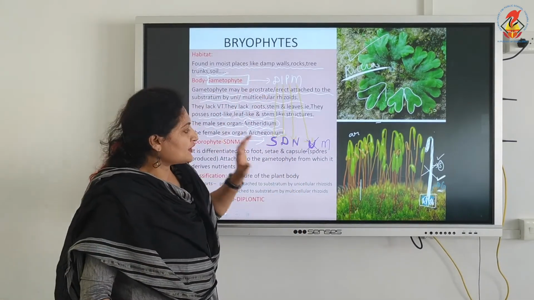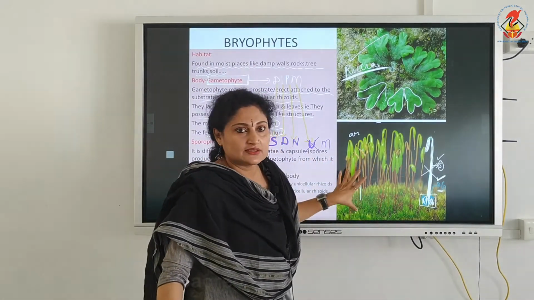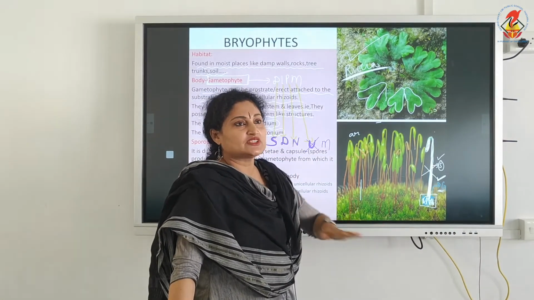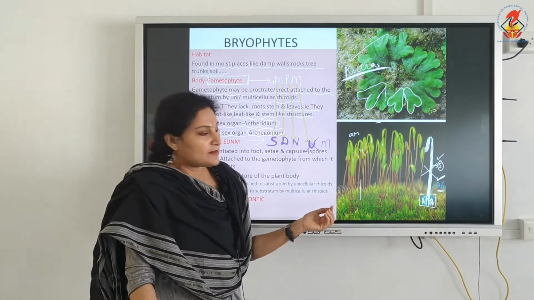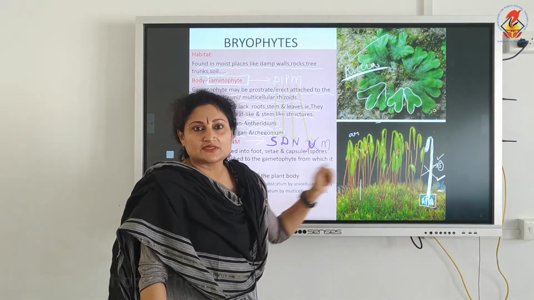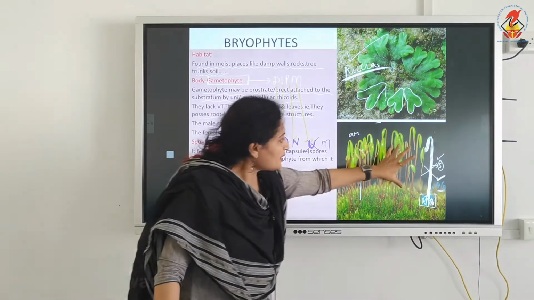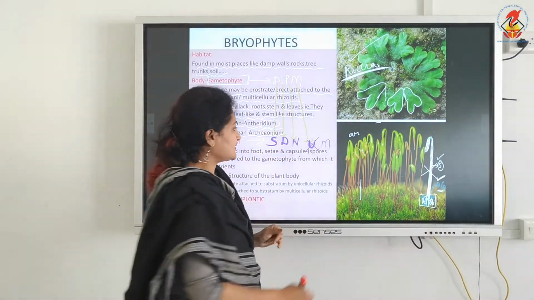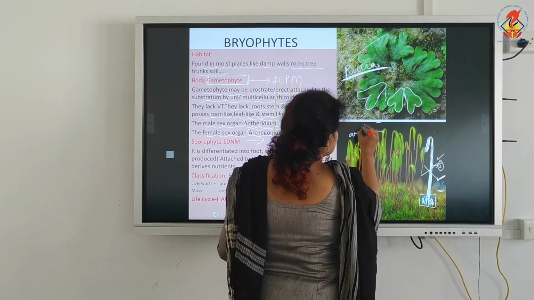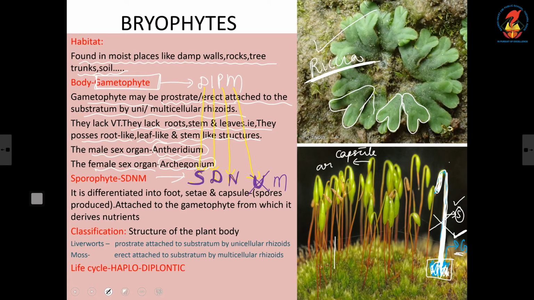So remember, for bryophytes, just take this in mind. The base part, which is the grassy structure, represents the gametophyte, which is found throughout the year on the walls. But in between, only the gametophyte gives rise to these projected structures which represent the sporophyte. Now talking about the sporophyte, it has three parts. From the top, the top part is the capsule which produces the spores. This is the capsule, like a projected bulb.